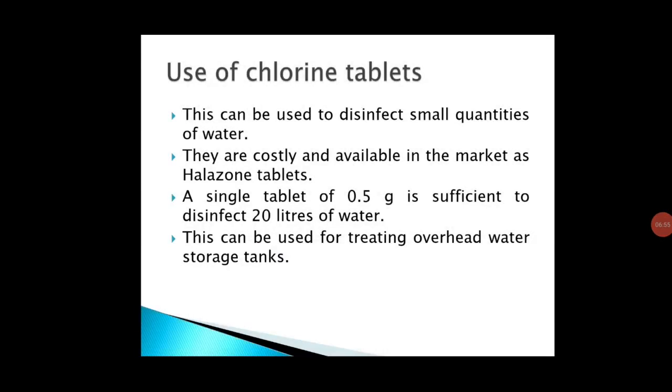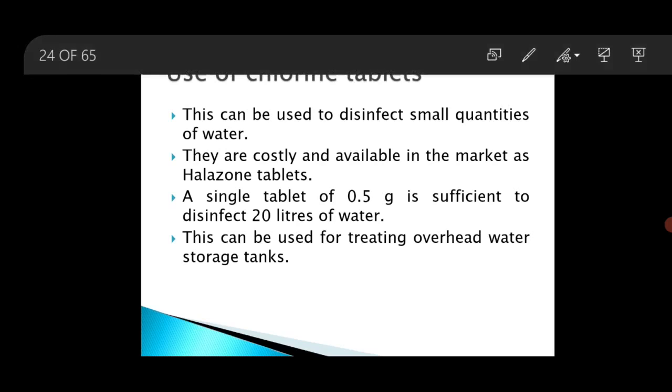Then next we will discuss chlorine tablets. Chlorine tablets may also be used to disinfect small quantities of water, but these are very costly and they are available in the market as halogen tablets.